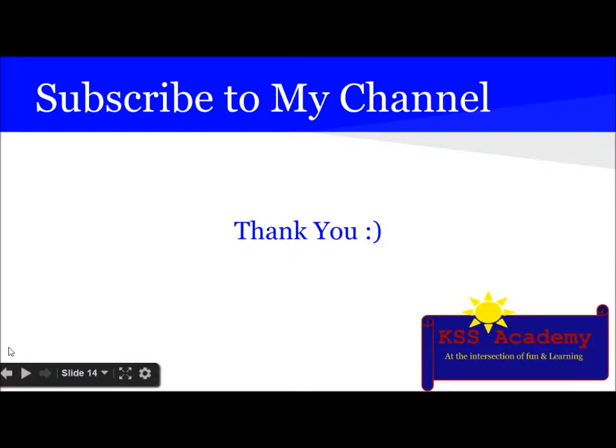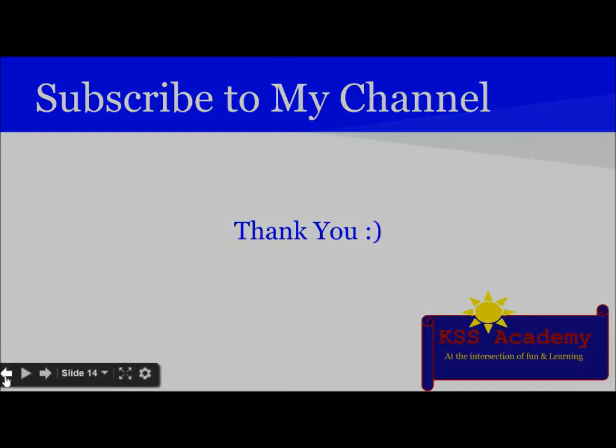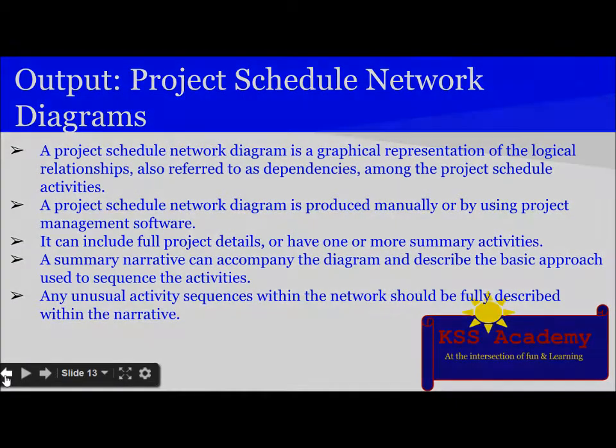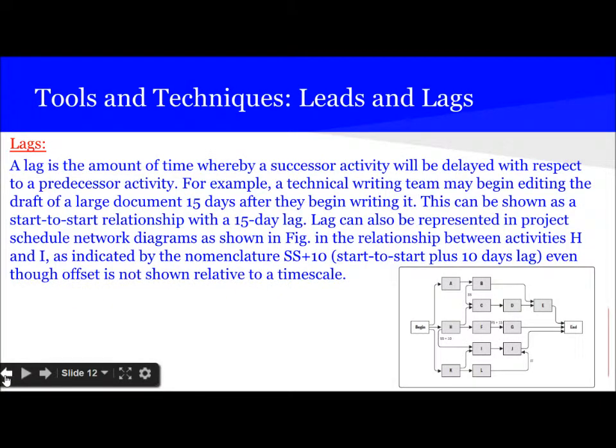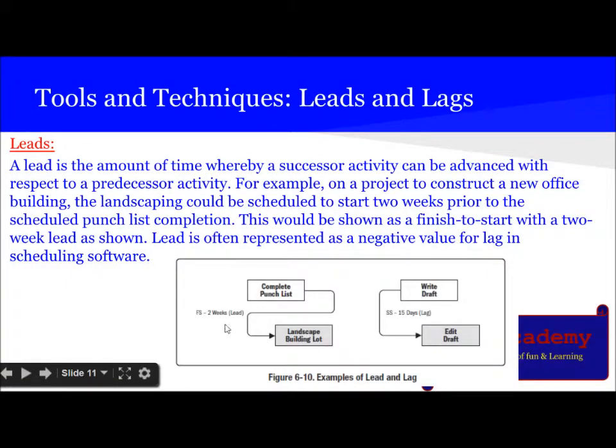So guys, I hope you got some idea on the process sequence activity. Let me explain again how to calculate the leads and lags. In case of lead, the next activity must be advanced with respect to the previous activity. Advanced means it should be started before the actual timing.